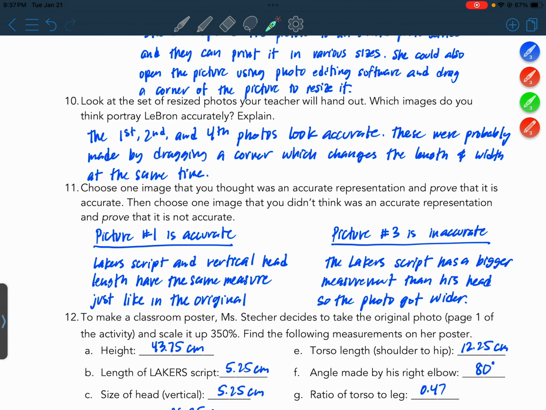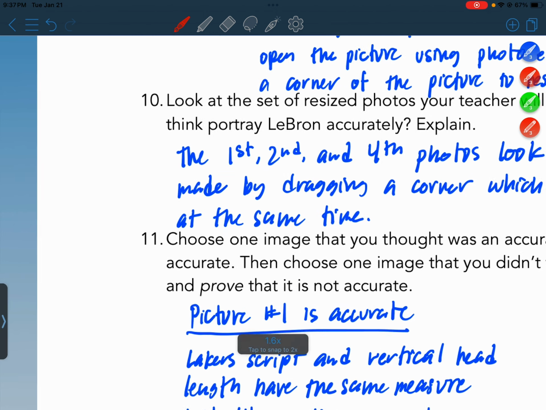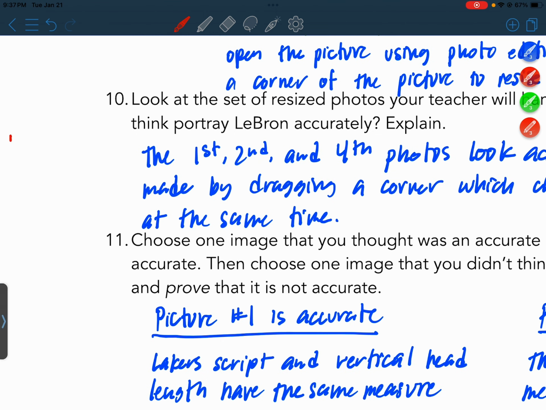All right, so the images that are accurate, those are called dilations. So I want you to write this word, use a red pen here by question number 10. Okay, so the first, second, and fourth images are dilations. And so a dilation is simply the sides are staying proportional, or in the same ratio.